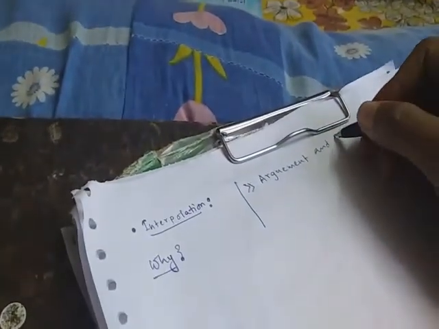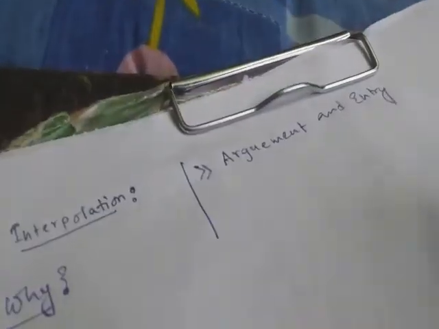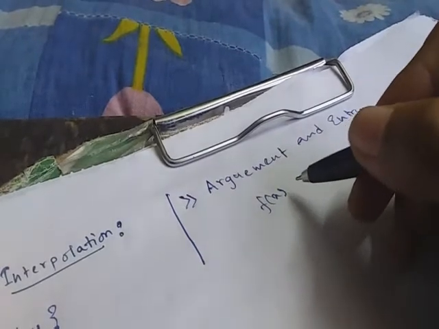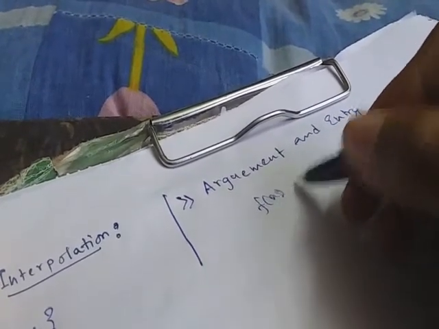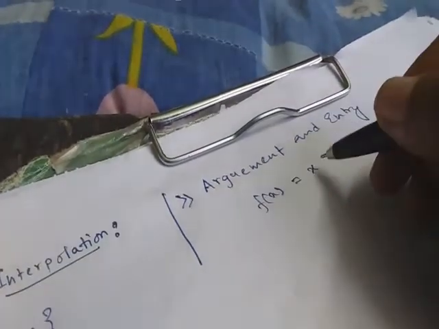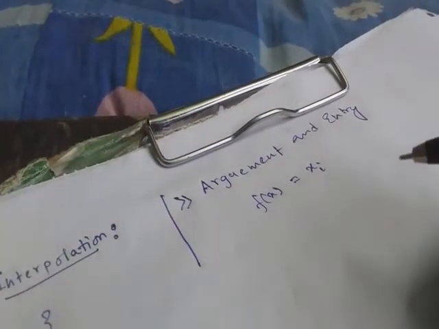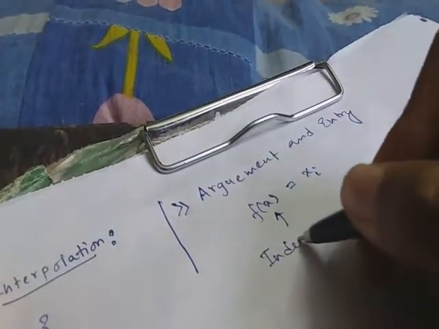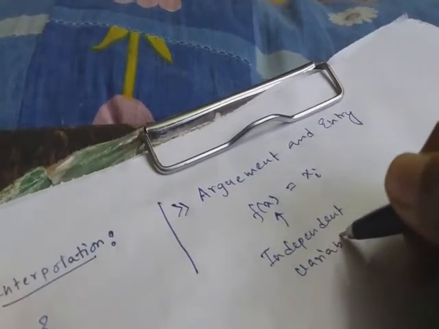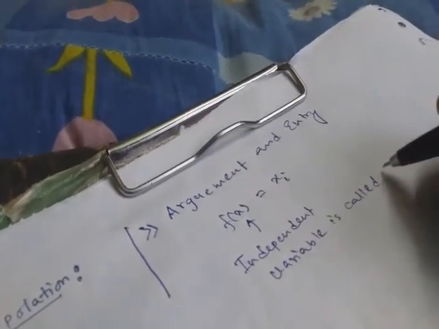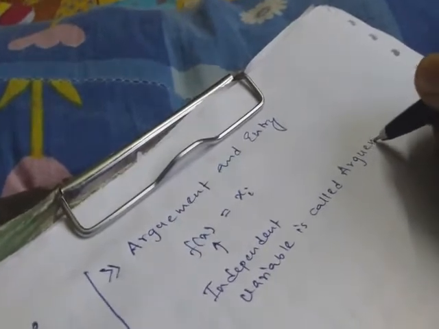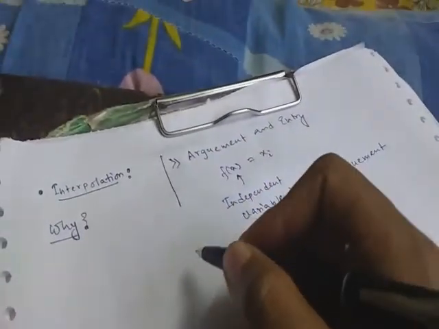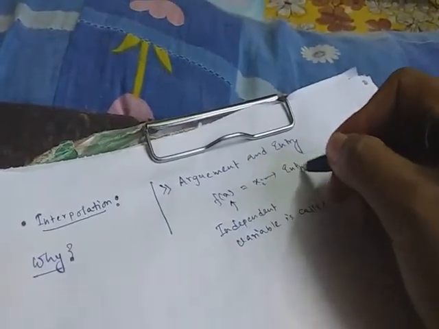So, what is an argument? Suppose a function f(x) is given, and for a certain value of x, suppose x equals x_i, the value of the function is y_i. Here, in f(x), the independent variable x is called the argument, and this y_i is called the entry.